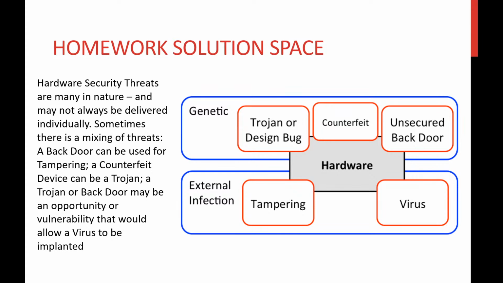In many cases, there may be more than one member of the threat universe applied at the same time. Note also that the existence of a threat when applied or implemented is generally known as an attack or a security threat. So when solving this particular problem, don't just think in terms of Trojans.